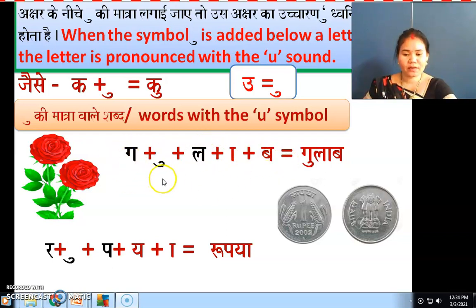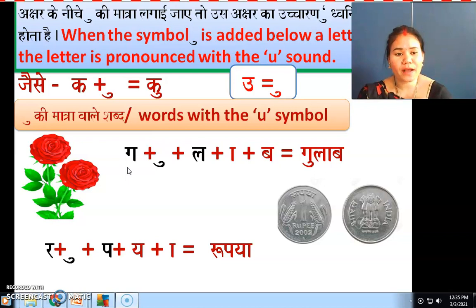First one is G and the U. Gu, la, gula, b, gulab. Okay, you don't say gulaba. It's not like that. Gulab. So shortly you have to say. Okay, gulab. Say, speak out. Gulab. Speak out, children. Yes, I'm listening to you all.